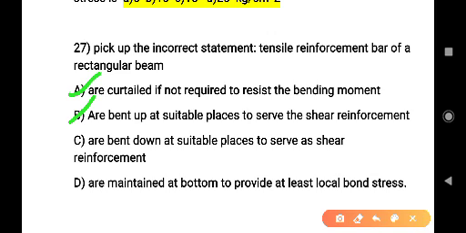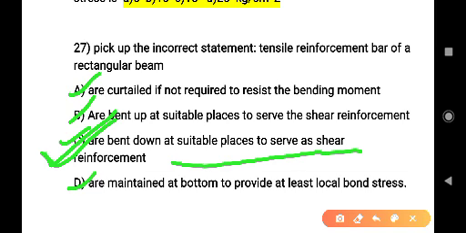Here option A, option B and option D are right, and only option C is wrong. So the right answer is option C. Bent down at suitable places to serve as shear reinforcement is the wrong statement.